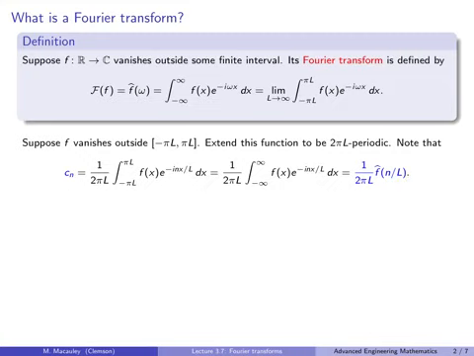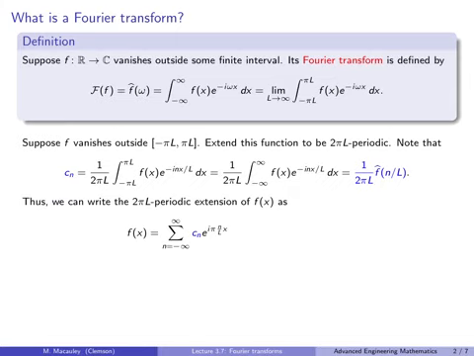So we have a formula for the Cn's, and now we're going to take the limit of this as L goes to infinity. Now this means that we can't quite write the original function as a Fourier series, but we can write the 2 pi L periodic extension of the function in a Fourier series. So the sum from negative infinity to infinity of Cn e to the i pi n over L times x.